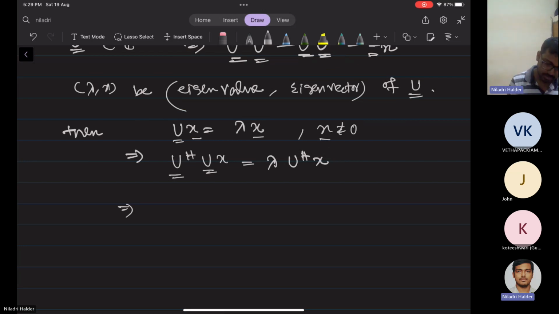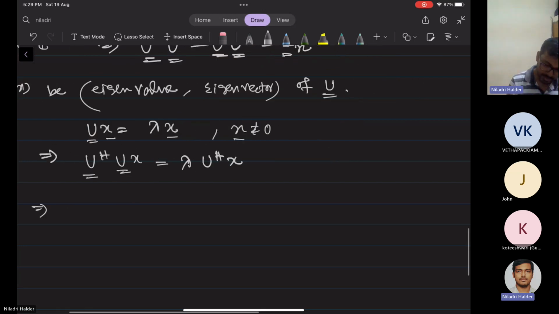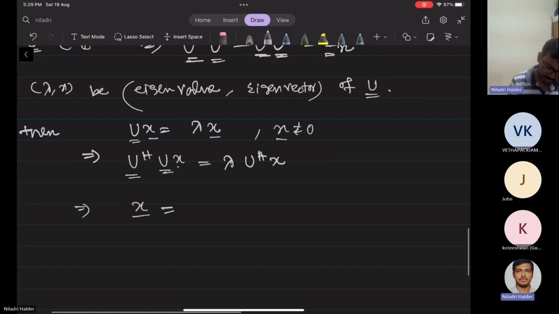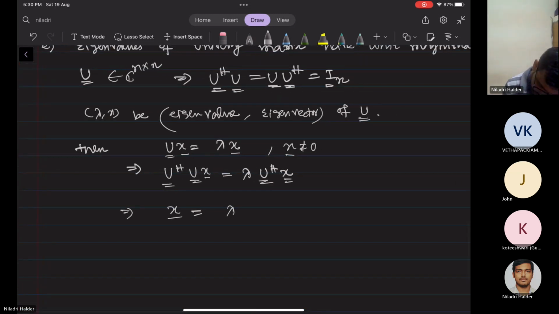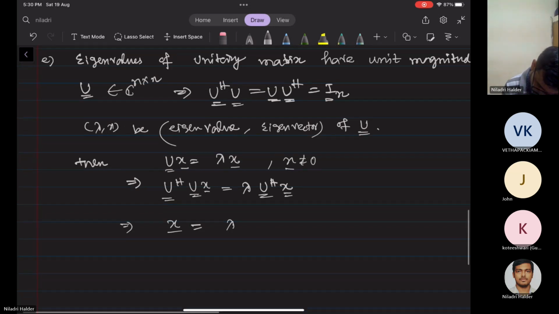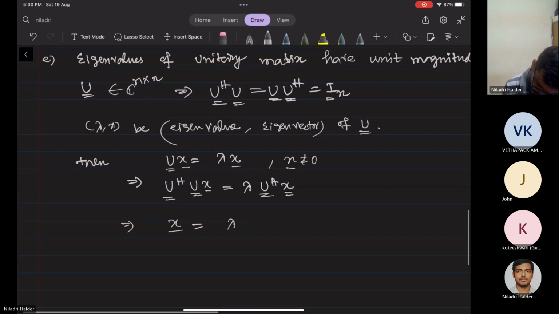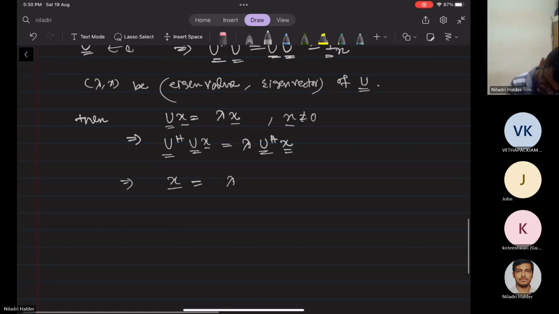So then U Hermitian U is the identity matrix, so this becomes x itself, and U Hermitian has the eigenvalue lambda star.